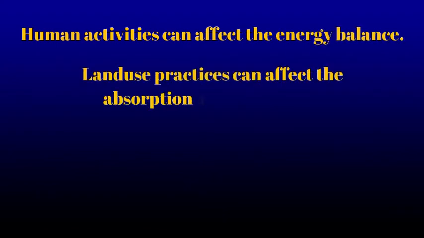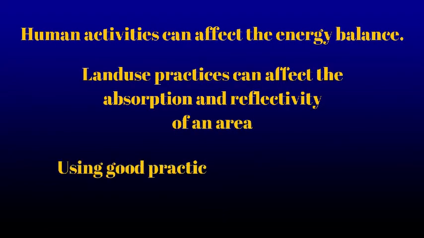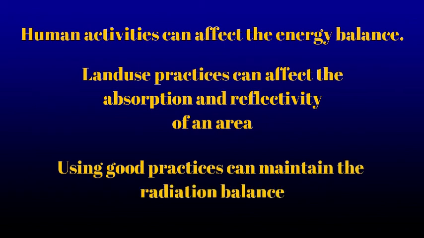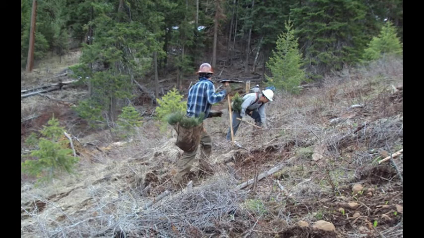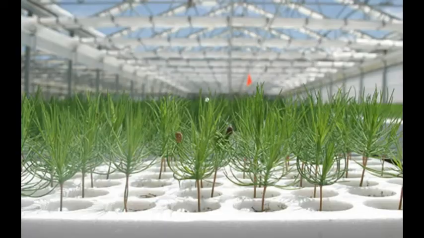Can humans impact the energy balance? Yes, they can, through land use practices. For example, if it wasn't for forestry management, deforesting would increase albedo in certain areas 20 to 70%.